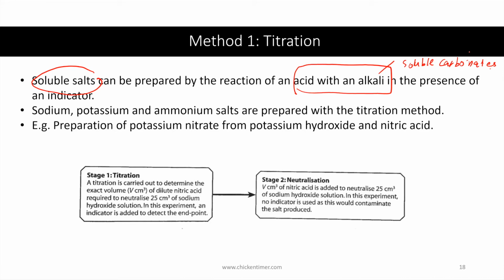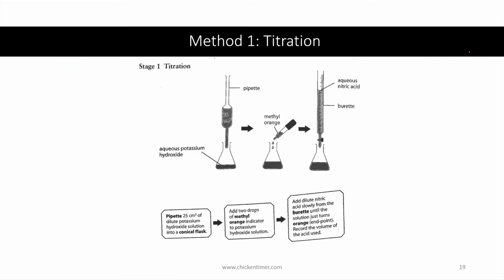So the example that is given is to prepare potassium nitrate from potassium hydroxide and nitric acid. The drawing is here. You need to know the apparatus names. So this is a pipette and this is a burette. Then you need to use the pipette filler.